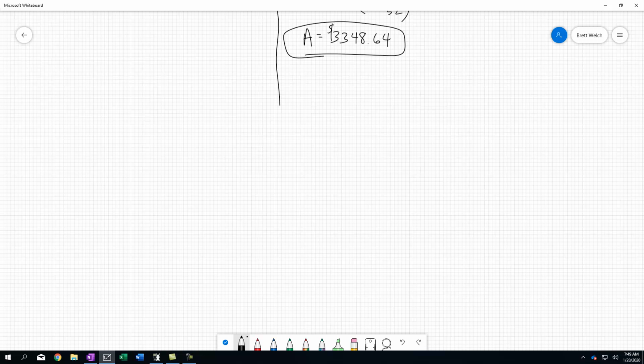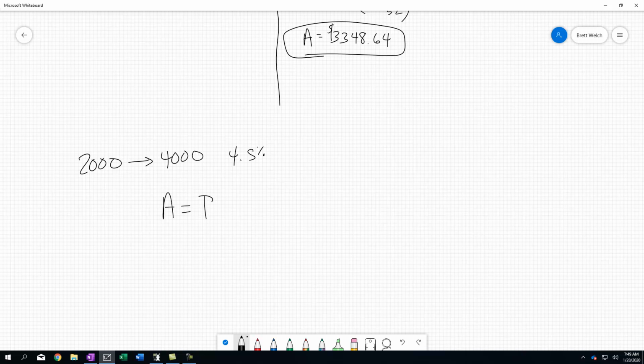And so it says we want to double $2,000. It wants to become 4,000, okay, that's what doubling would do. And we have 4.5% interest compounded continuously. That word continuous means that we get to use A equals P e to the rt.